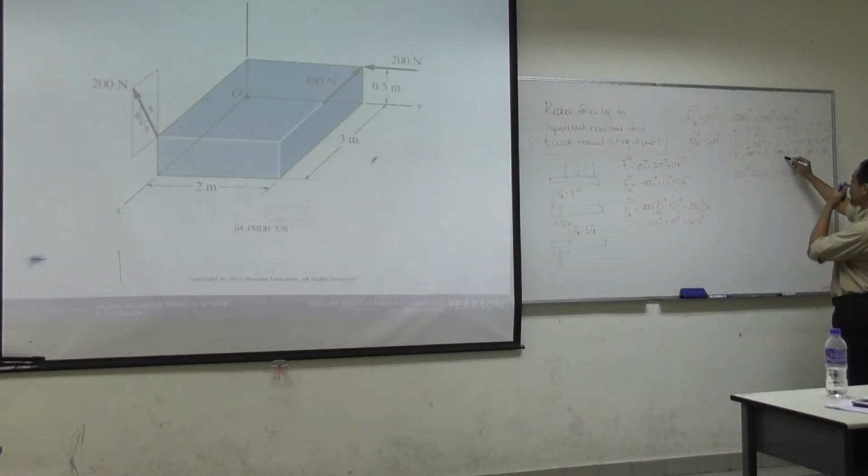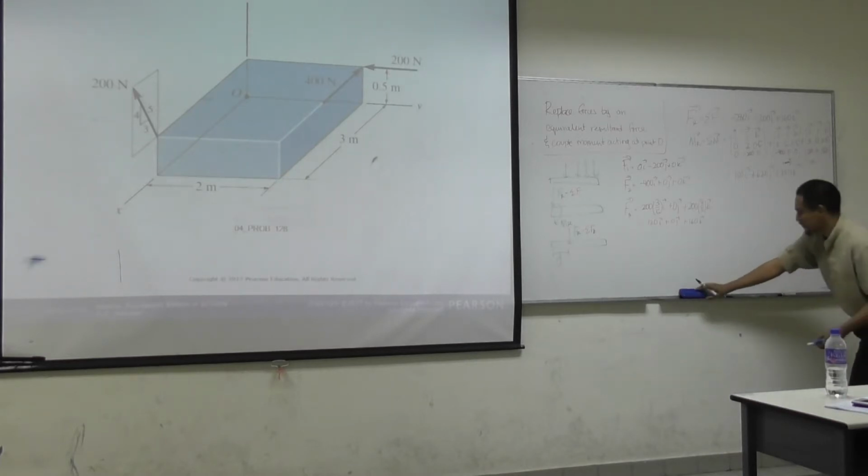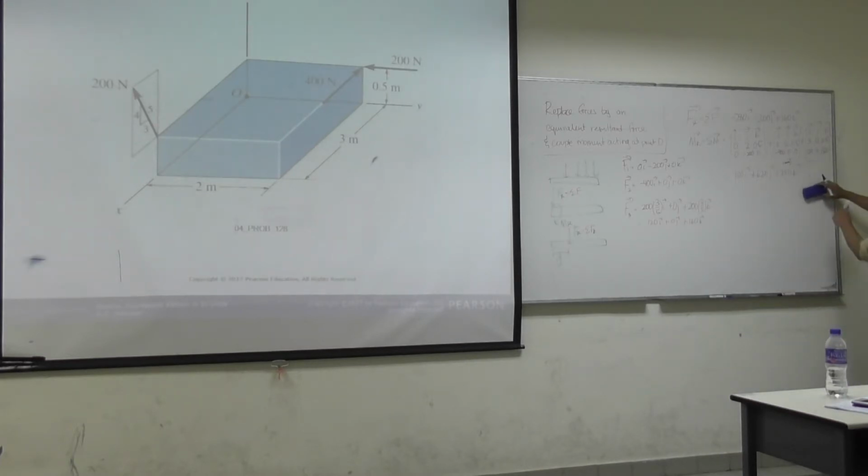This becomes plus 200. This one becomes minus J, 420. Okay, 480. Okay, 420. Is 420 the end?